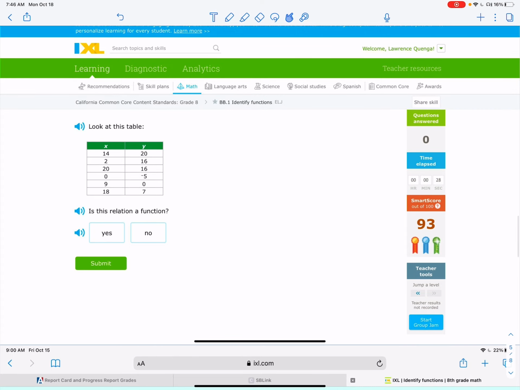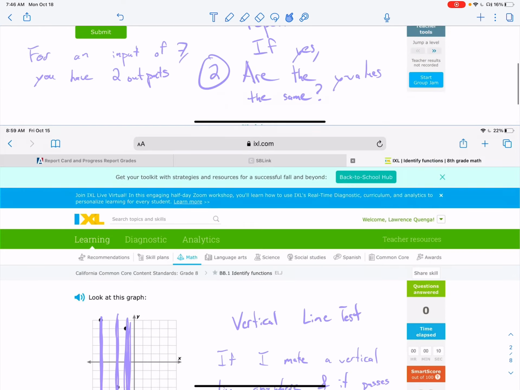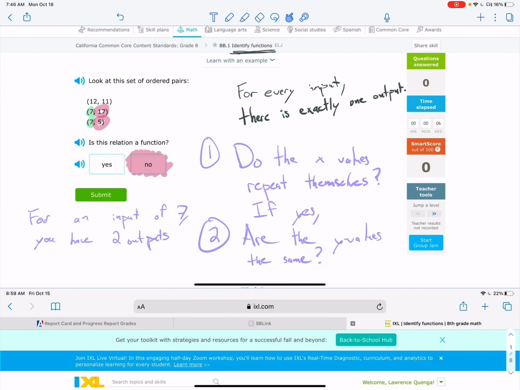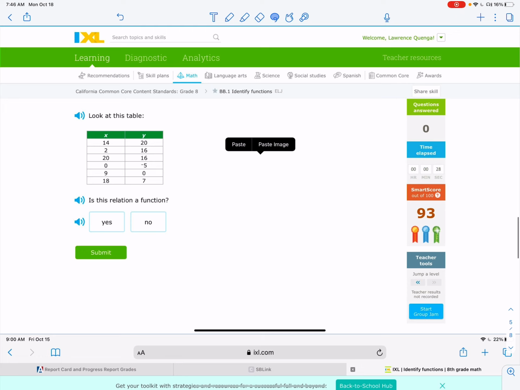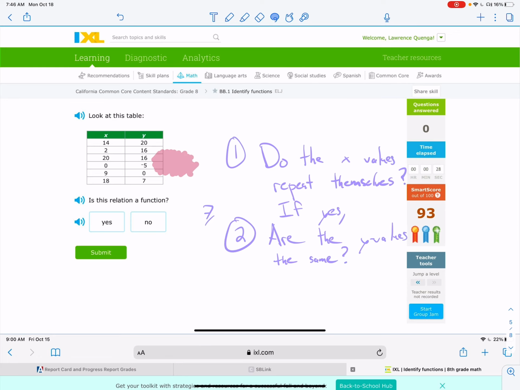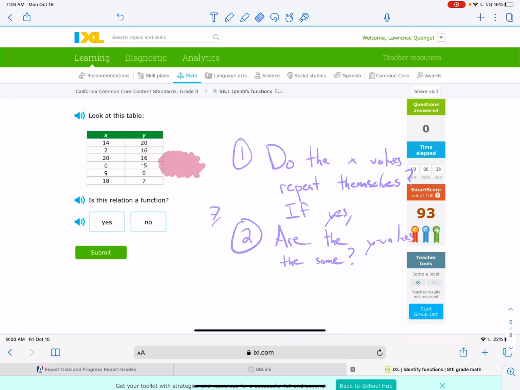Now, remember that question we need to ask ourselves: do the x values repeat themselves? Let's check it out. 14, 2, 20, 0, 9, 18.